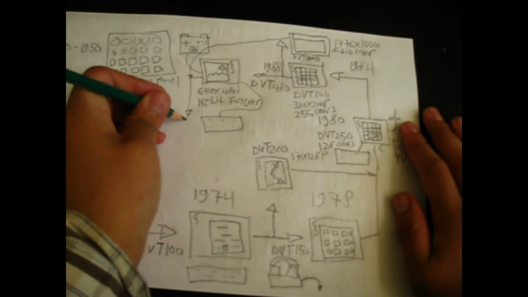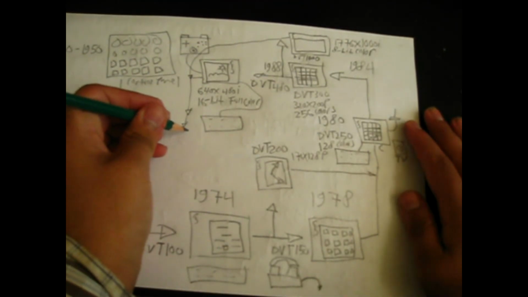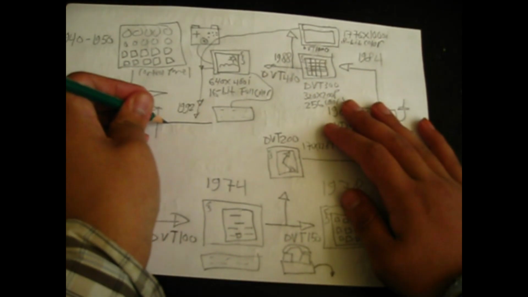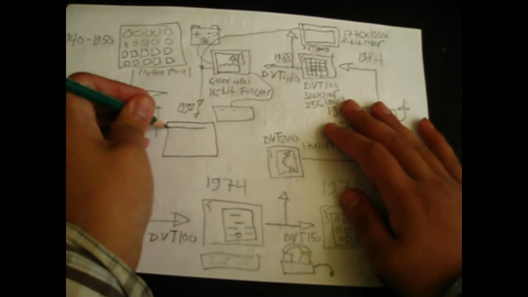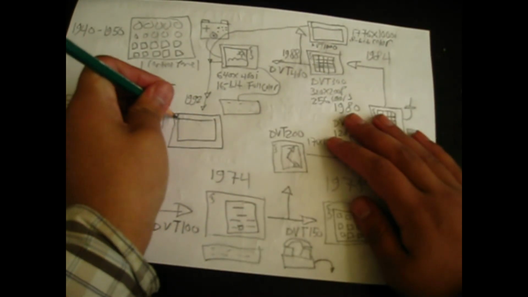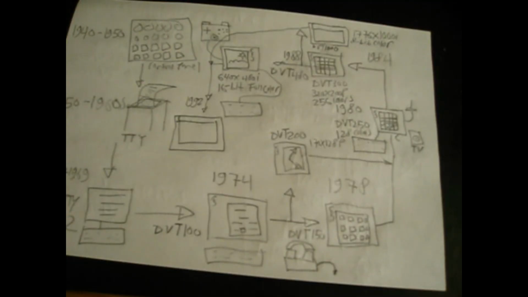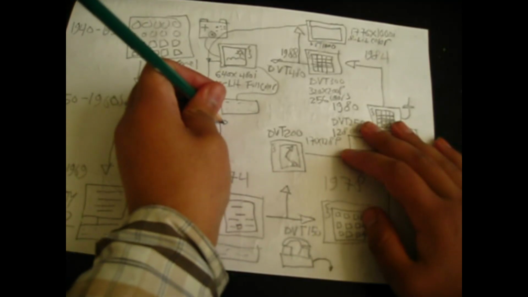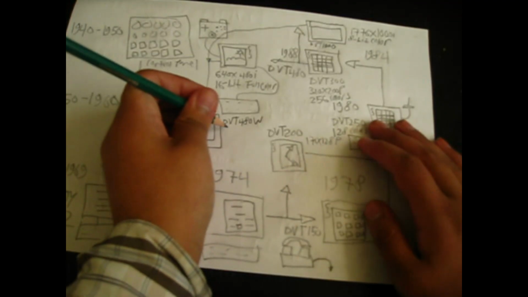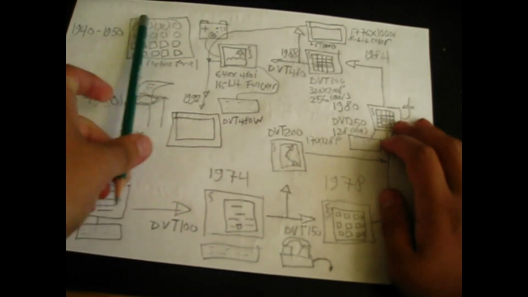And that is to take DVT-1000 and DVT-480 around 1992 and convert them into a new widescreen standard for the up-and-coming widescreen TVs and more powerful computers that could handle more complex worlds and stuff like that, which would end up becoming DVT-480W.